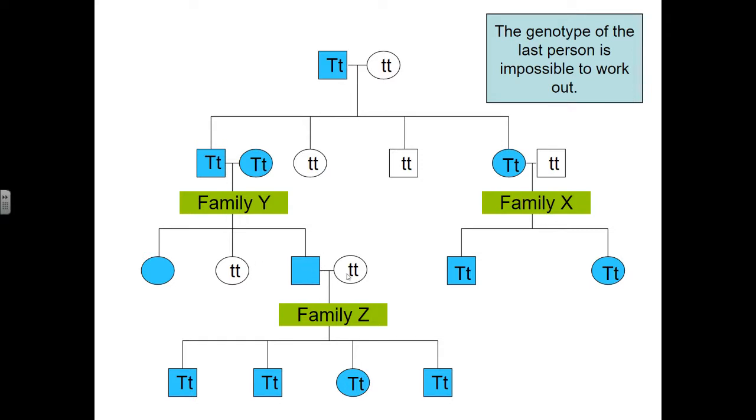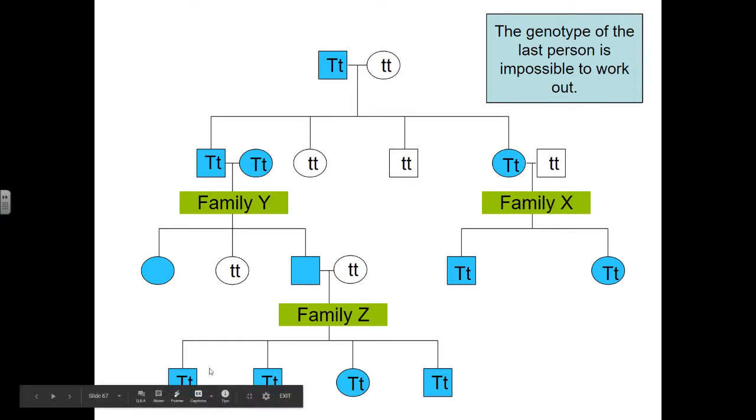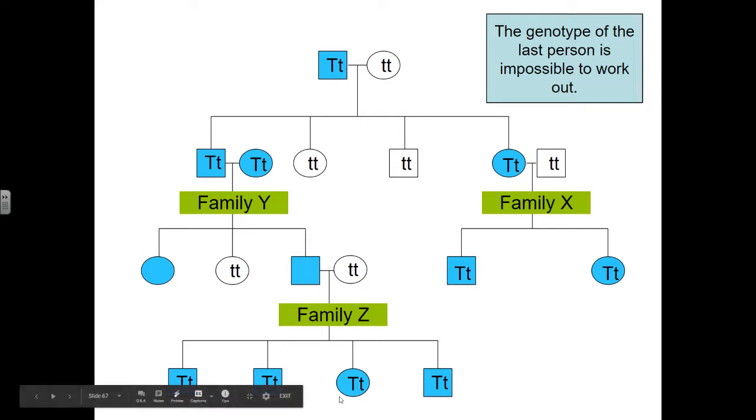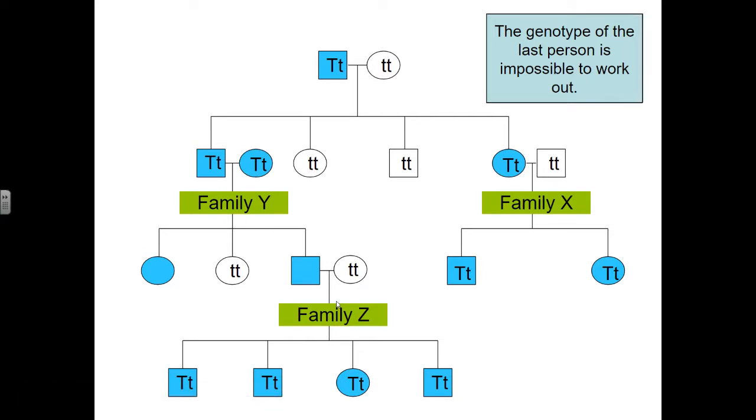This one here, because all of these get the little t from their mother, technically, as we said, the observed number of offspring with one phenotype and the actual number predicted are quite often different. It's possible for this one here to be a big T small t or a big T. Every one of these 4 chances it is chucked out as big T, but it's possible that it's a heterozygote instead. And we don't know for this one.